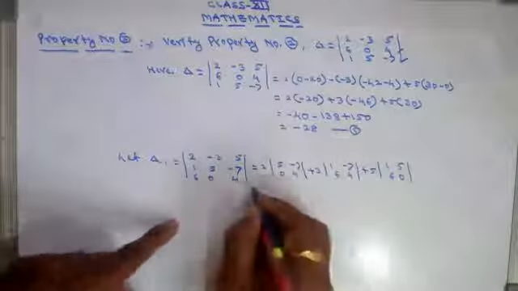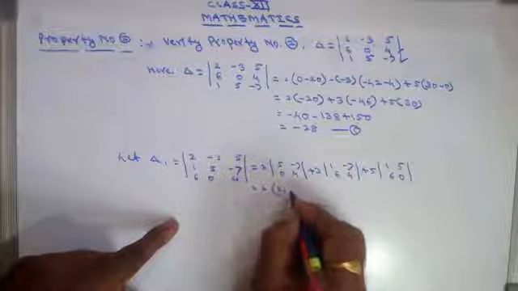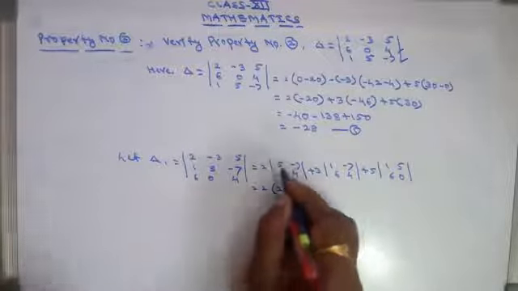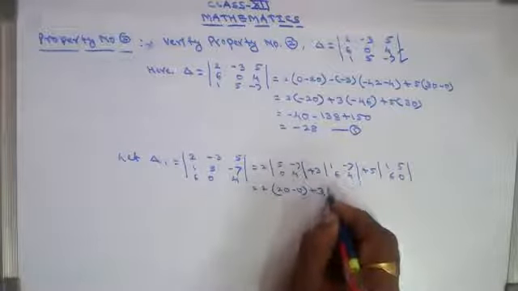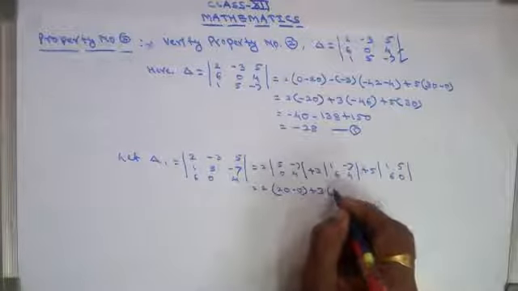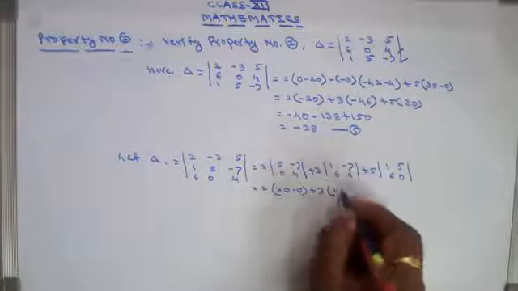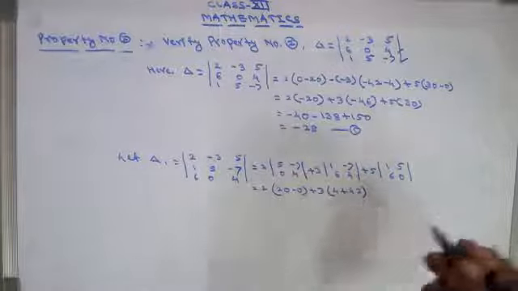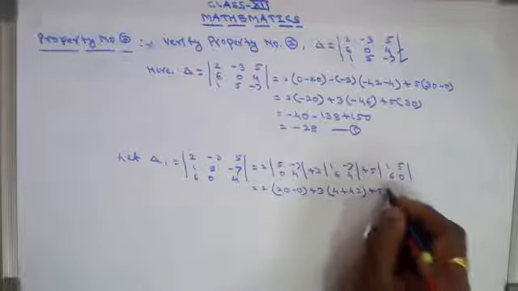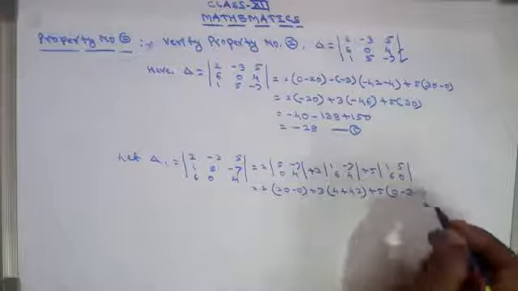So this is equal to 2 into bracket 20 minus 0, plus 3 into, this is 4 minus this, means plus 42, plus 5 into, this is 0 minus 30.